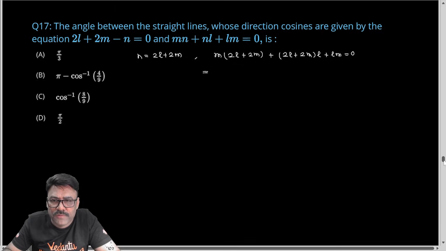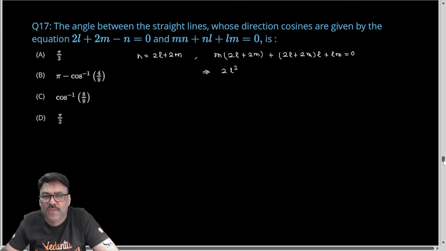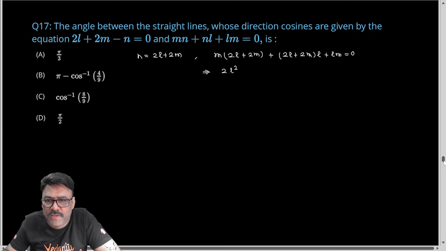So you are getting 2l square here. Then you will get 2lm and again 2lm plus 2lm, so 5lm, and then 2m square.